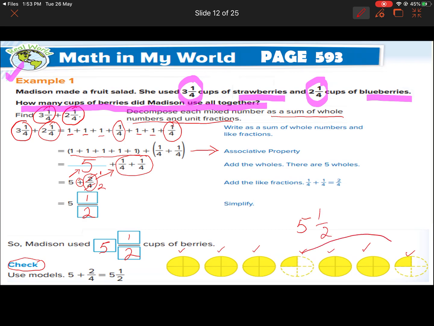How? Look at this. When we join these two parts, it will completely give you a half. So 1/4 plus 1/4 gives you half.